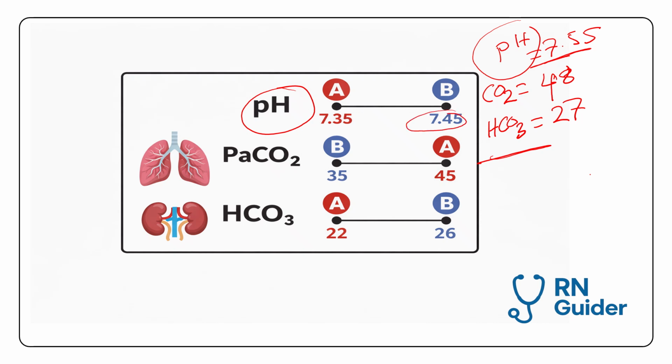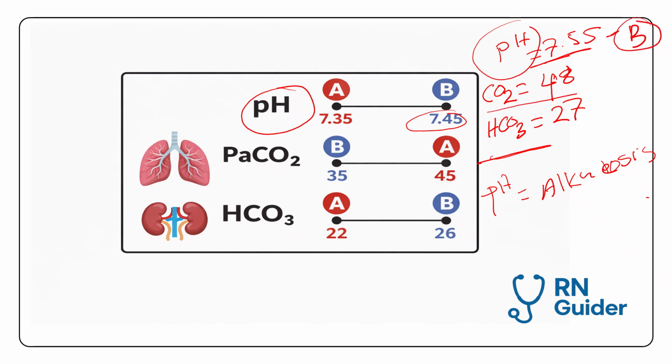So here we got B. B for base. That means alkalosis. So pH is alkalosis.